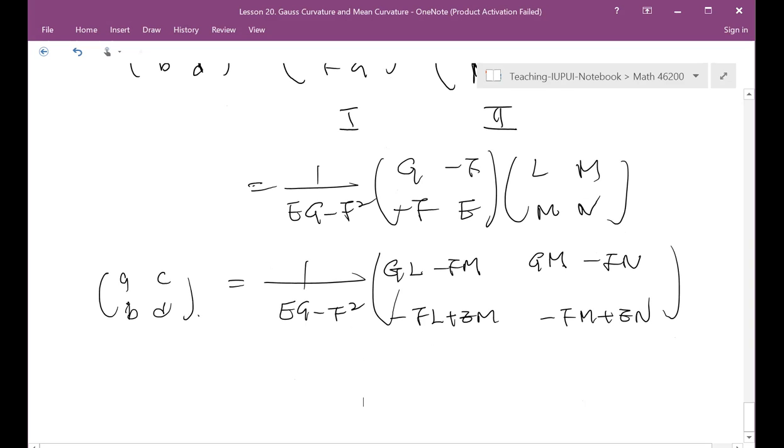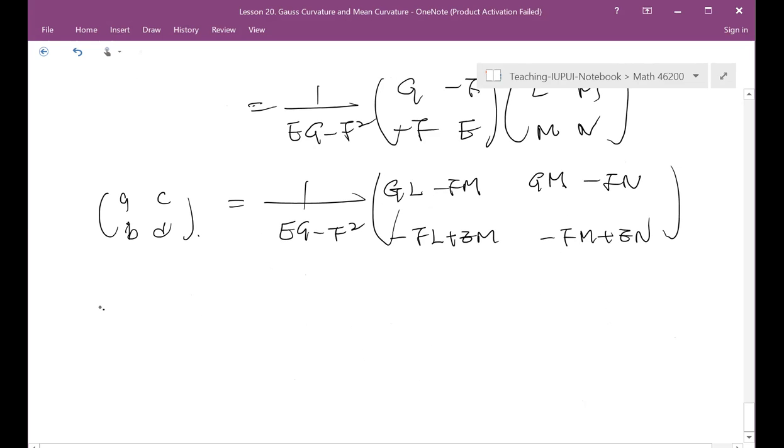The determinant is a little bit more complicated than the trace. The trace is easy to compute, right?